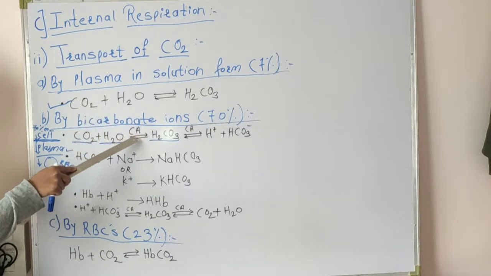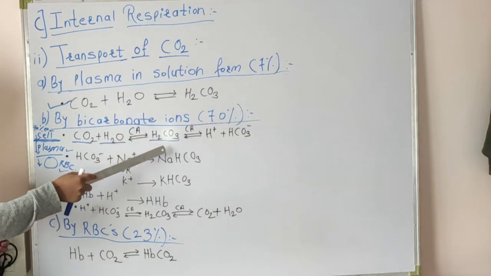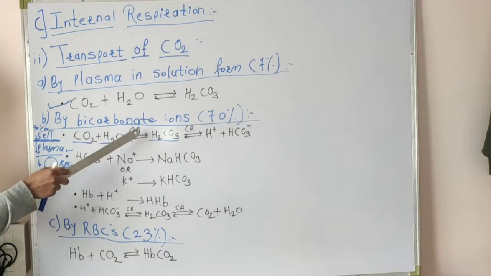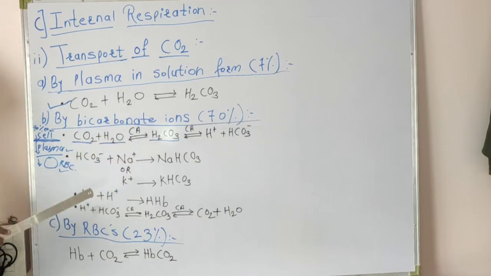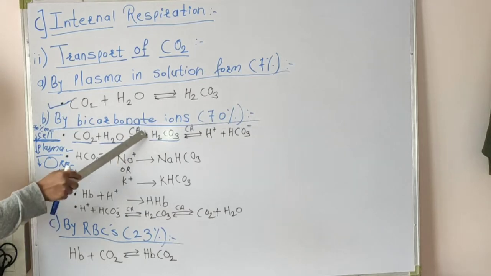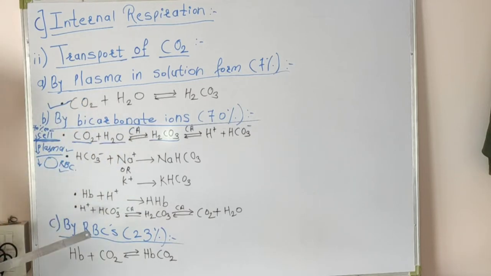This CA indicates carbonic anhydrase, and because of it the carbonic acid gets formed. Basically this carbonic anhydrase is found only in RBC. I again repeat, it is found only in RBC. It will never be found in plasma.